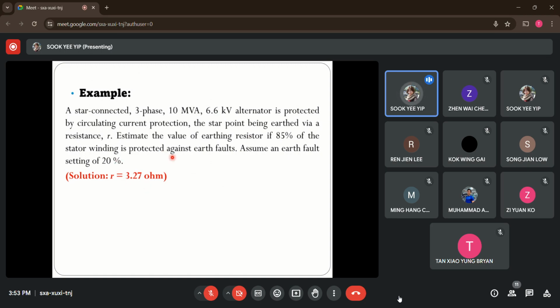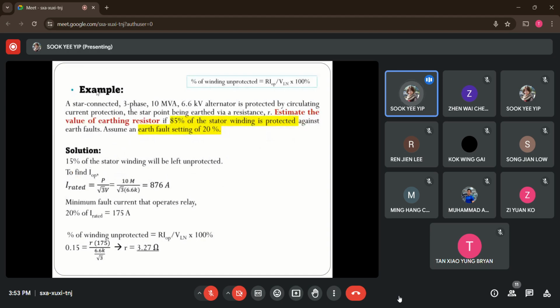So now you can see we want to find the resistance value and it gives us the stator winding percentage that's being covered from earth fault protection. This means that we can apply these formulas here to solve for the earth resistance value. Now this formula allows us to find the percentage of stator winding that is not being protected.